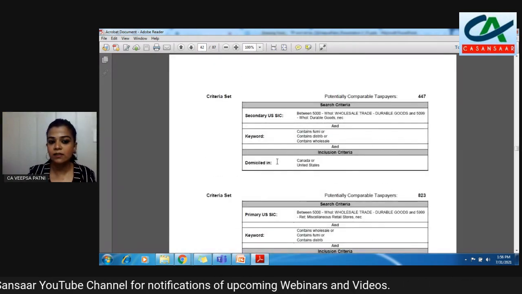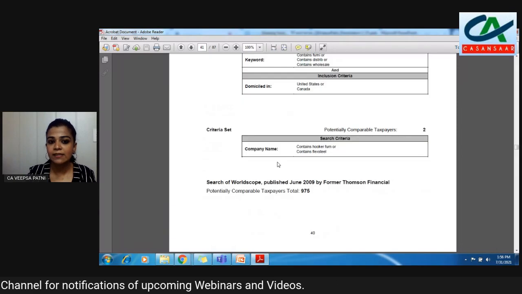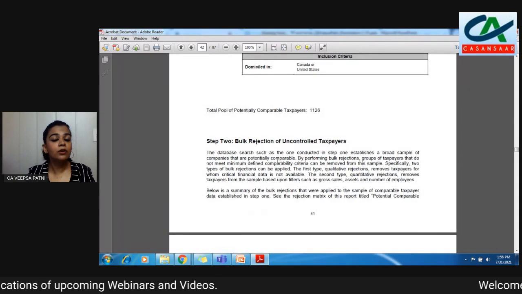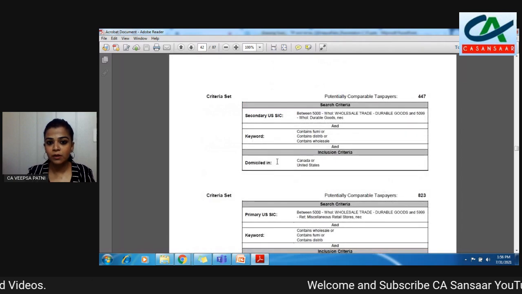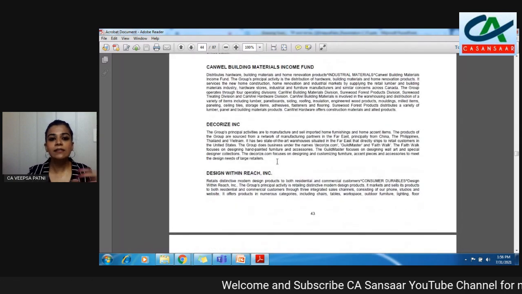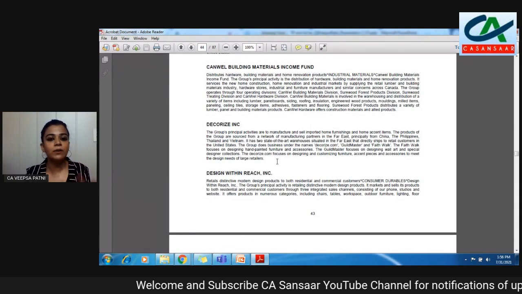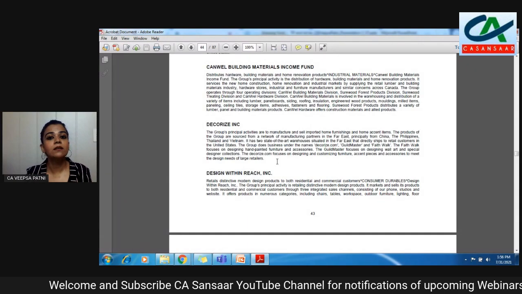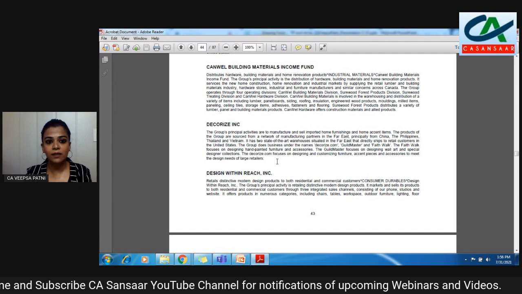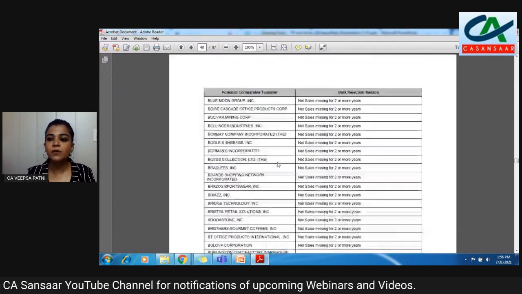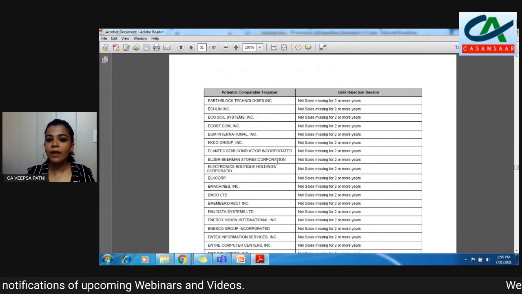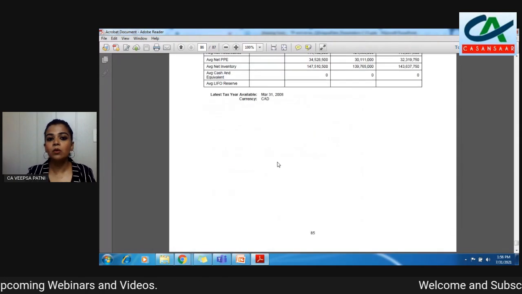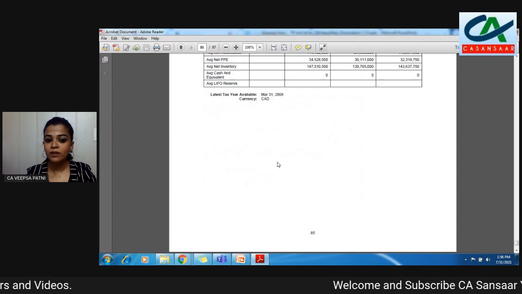So these are the benchmarking sets, how you found your comparables, what keywords you used to find those comparables, everything. These technical terms you will gradually understand when you understand what benchmarking is, but these details we give as annexures. So I hope that we at least got an idea about what a transfer pricing report is.